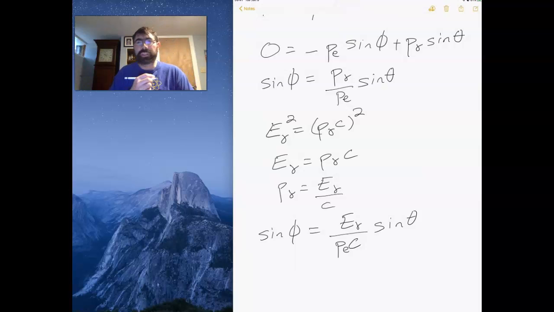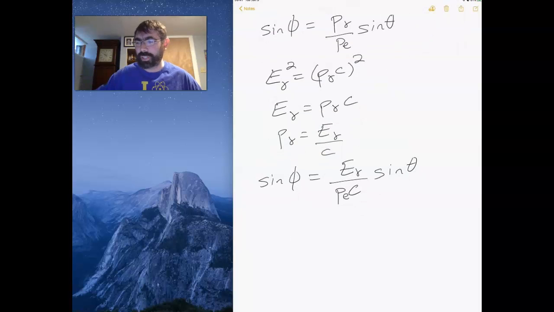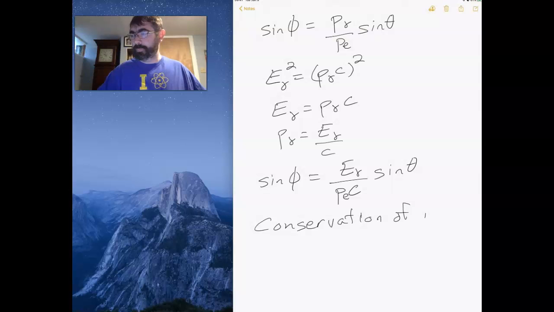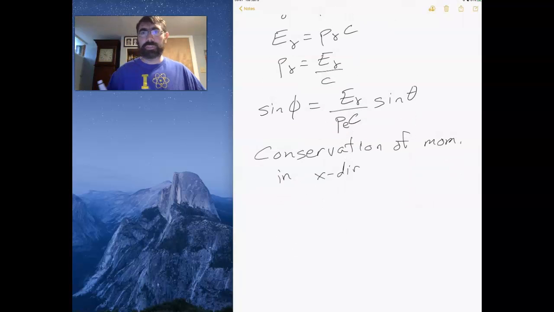Okay, so now let's take a look at momentum conservation in the x direction. So in that case, the initial momentum of the photon is now just the initial energy divided by c, because we said the photon has no mass.